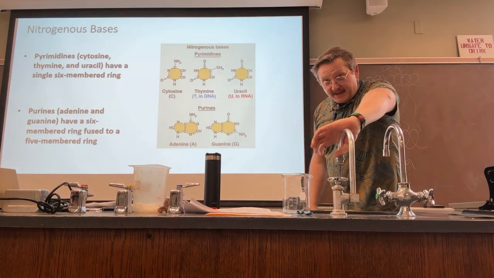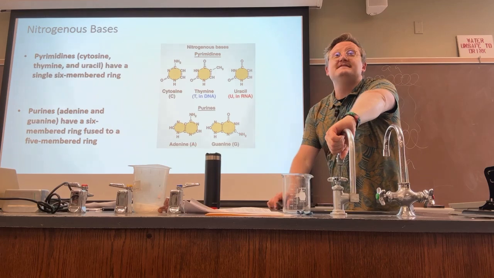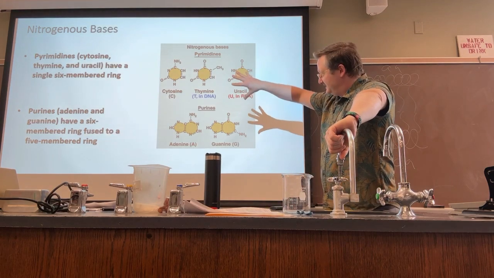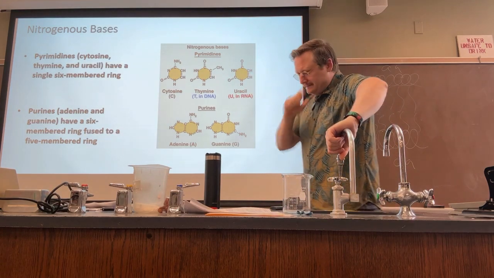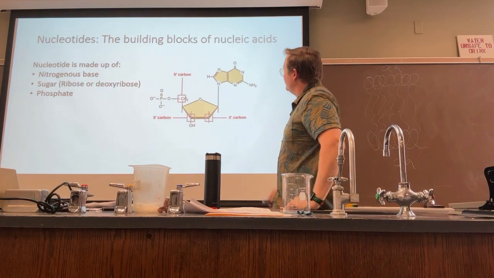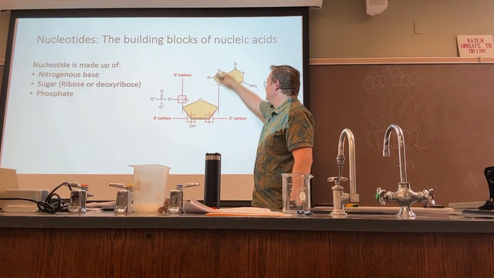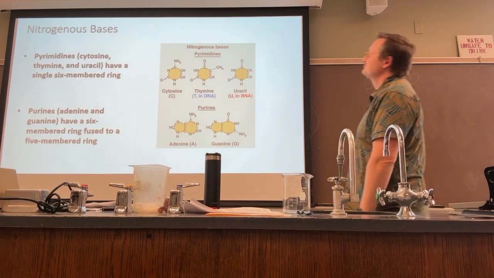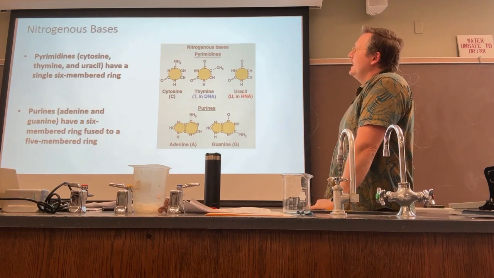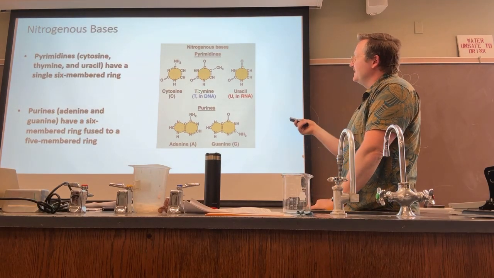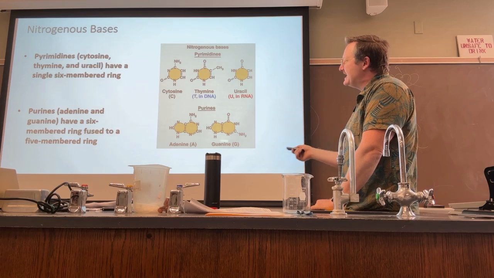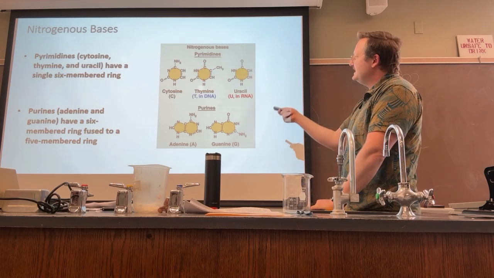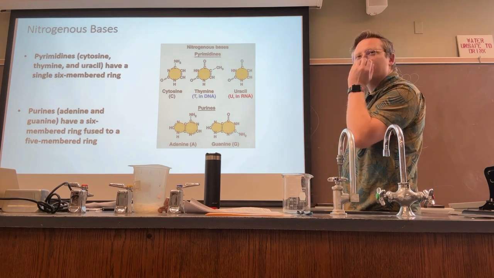The nitrogenous bases. There are 5 different nitrogenous bases. Remember, this is the nitrogenous base, this part right here. It's got a bunch of nitrogen in it. We've got cytosine, thymine, uracil, adenine, guanine, CTUAG. Those are the 5.